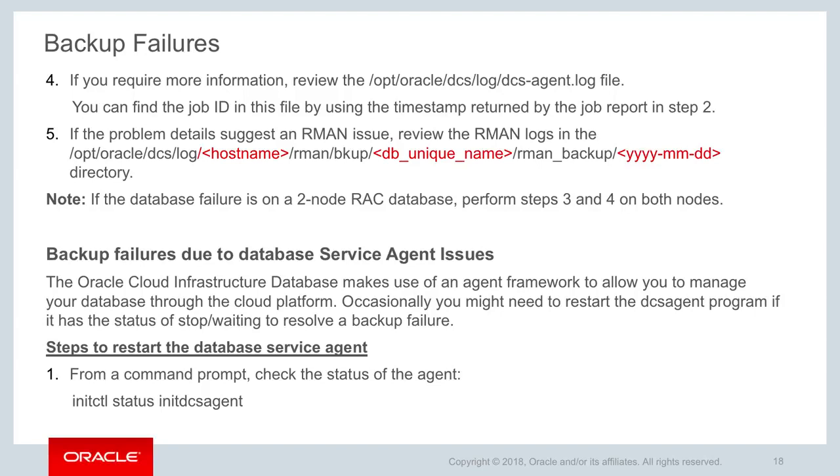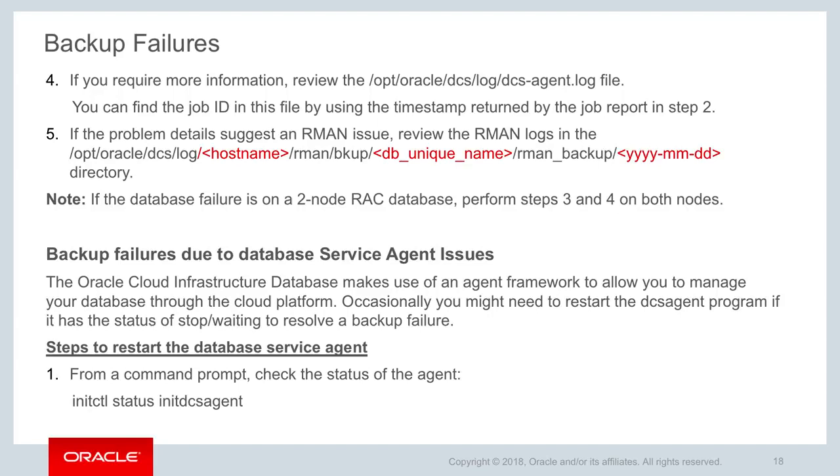Once you find the job ID of the failed backup job, you can look into the RMAN logs if the issue is determined to be an RMAN issue. Please note that if you are having a database backup issue on a two-node RAC database, then you need to perform steps 3 and 4 on both the nodes.